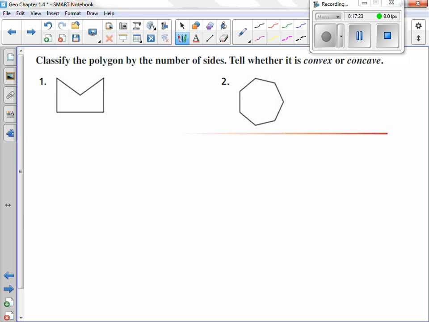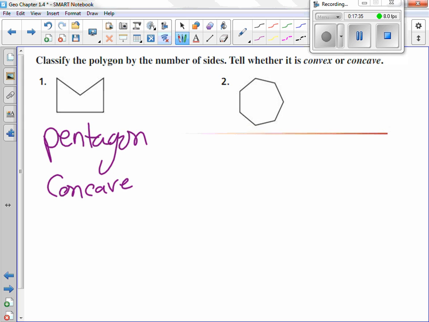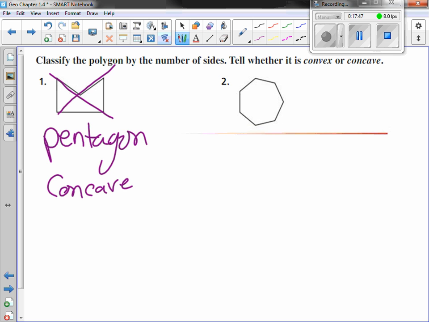How many sides do we have? 5, so it's a pentagon. It is concave. This line or this line will cut straight into the figure. How about the next one?